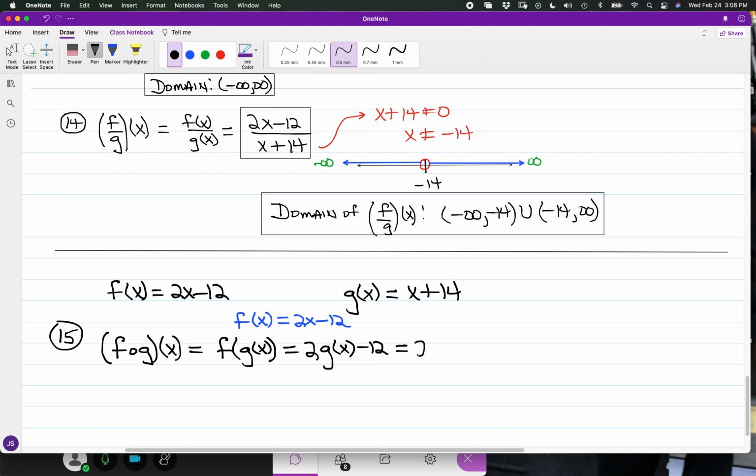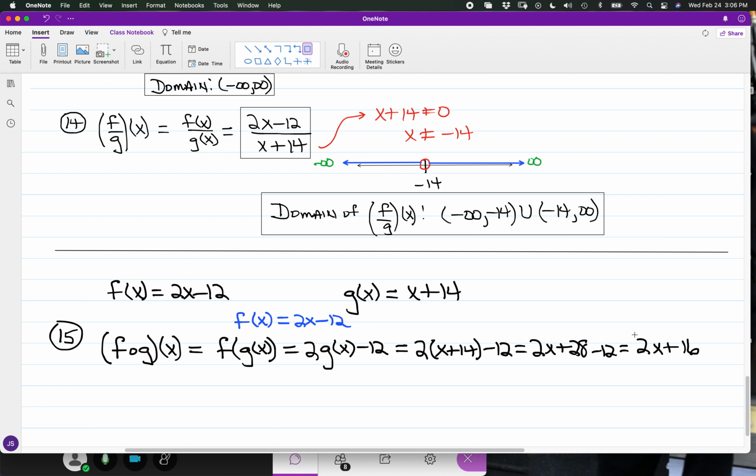So 2 times g of x translates to 2 times the quantity x plus 14 followed by the subtraction of 12, and upon distributing, we have 2x plus 28 minus 12, and so this will come out to 2x plus 16, and that'll be the result for this composition.